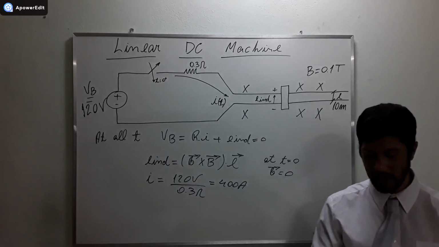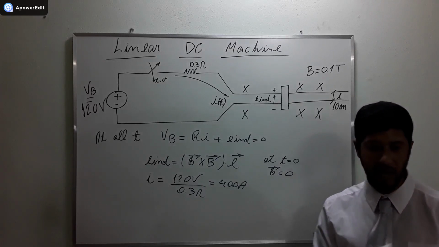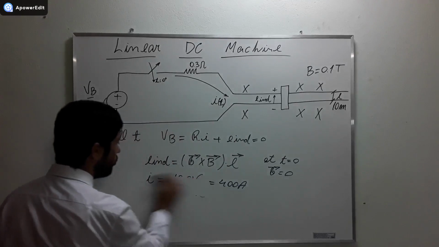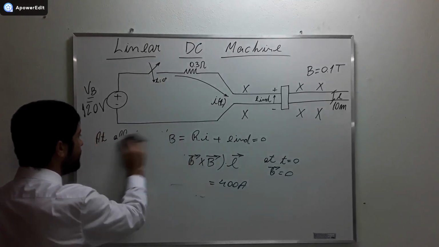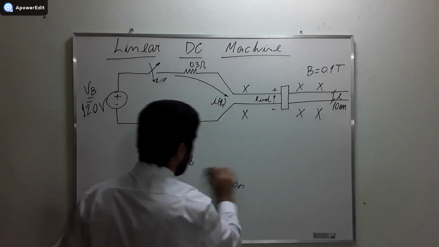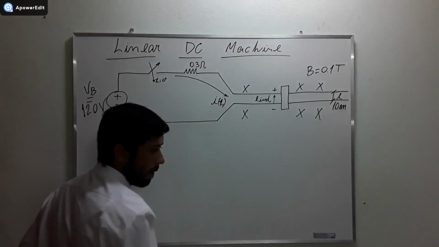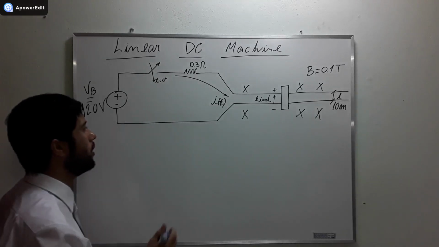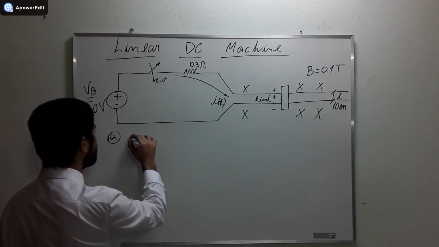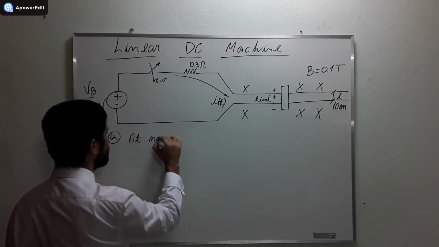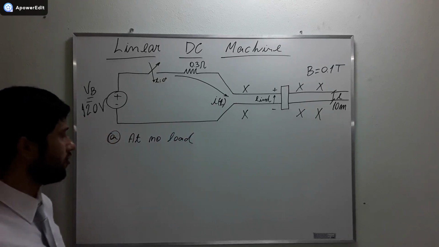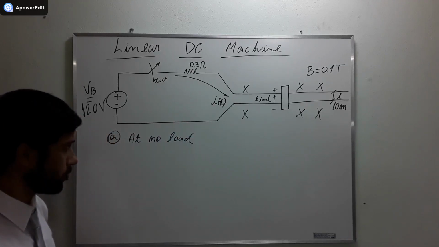The letter A asks us to calculate the steady state velocity at no load. Okay, at no load, the steady state velocity of this machine. When is steady state going to be reached?